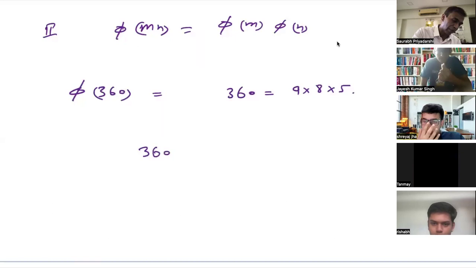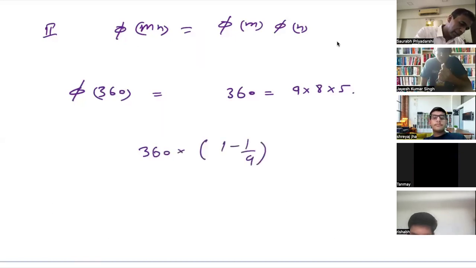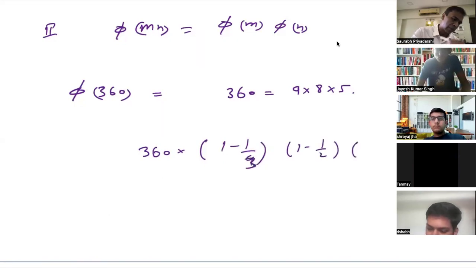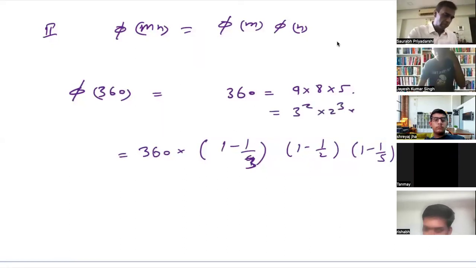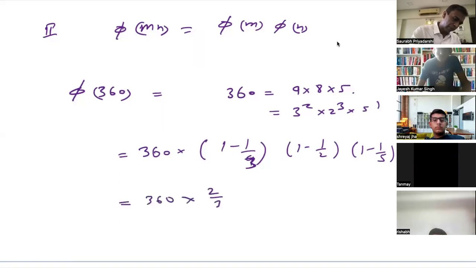The best formula for this is 1 minus 1 by 3, 1 minus 1 by 2, and 1 minus 1 by 5, the 3 primes, because this is 3 square into 2 cube into 5 to the power 1. So this is 360 into 2 by 3 into 1 by 2 into 4 by 5, right?